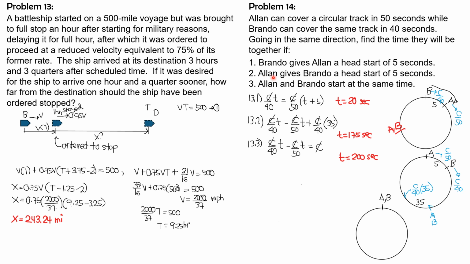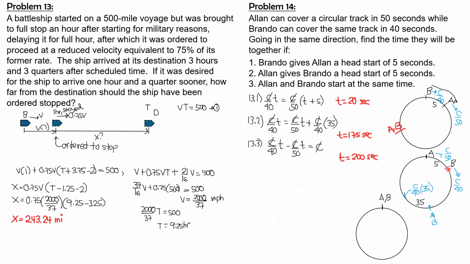In 13.2, Alan gives Brando a head start of 5 seconds. So this is the situation. They move in the same direction. So this is Alan, that is Brando. But take note, Brando moves faster than Alan. So let's revise the problem.